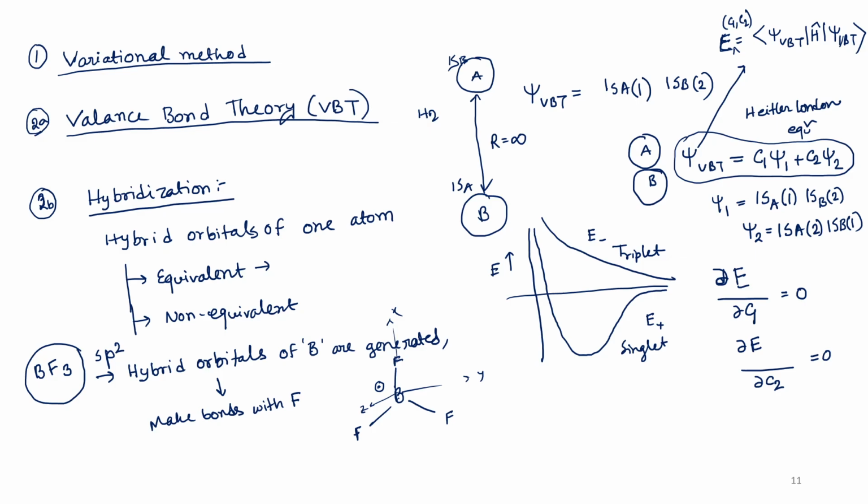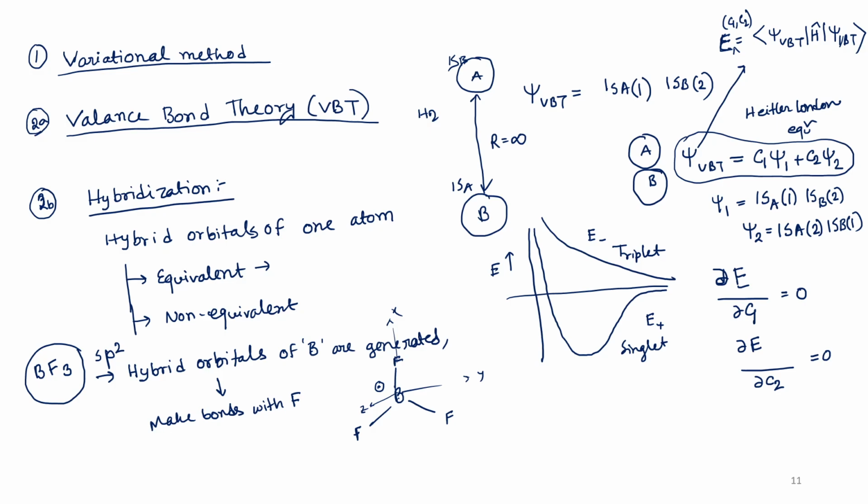And here one s and two p orbitals are going to take part, and that is why three sp2 hybrid orbitals are going to be generated. So these are all equivalent hybrid orbitals, but there are also non-equivalent hybrid orbitals, like in the case of H2O, as sir has discussed.